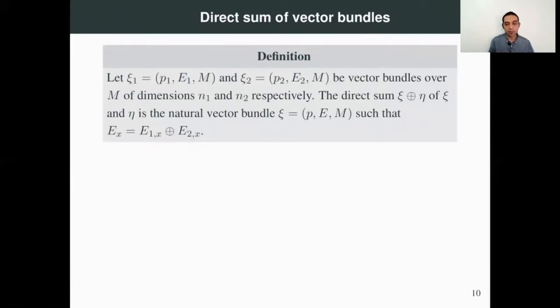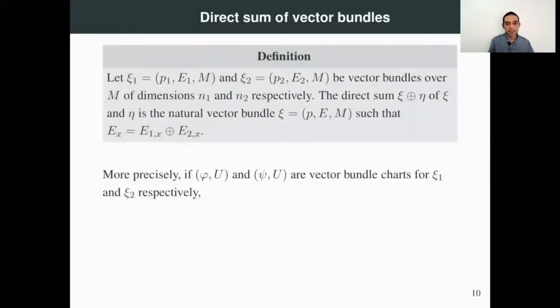Okay, as usual, this defines a family of vector spaces that have all of them the same dimension. We need to show a little bit more in order to see that it is a vector bundle.